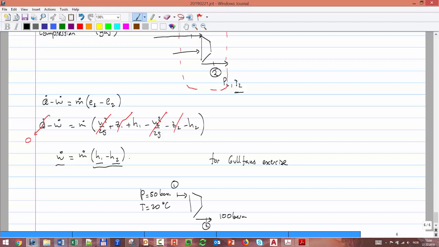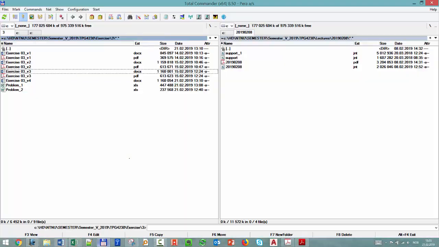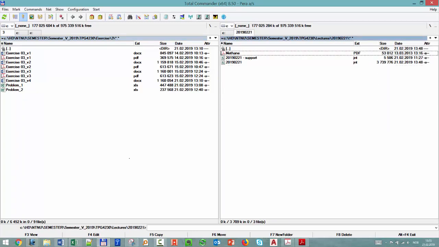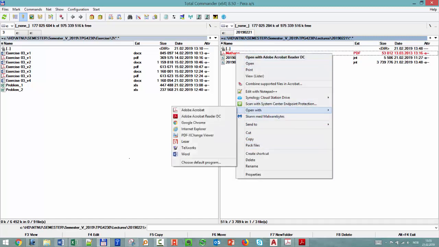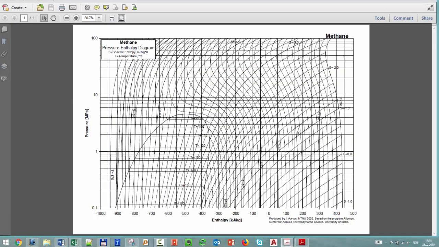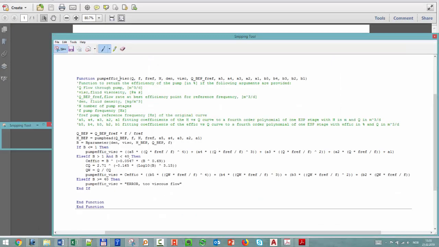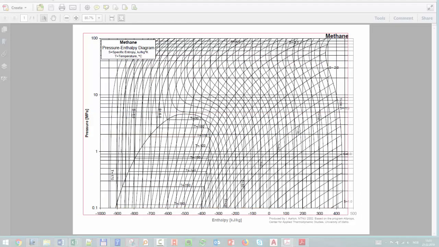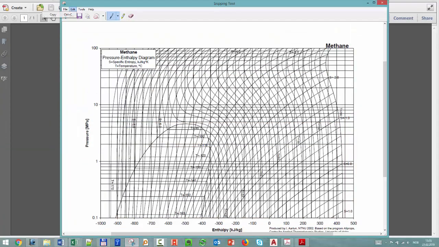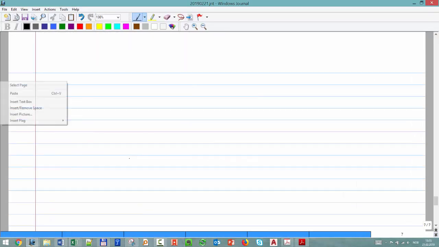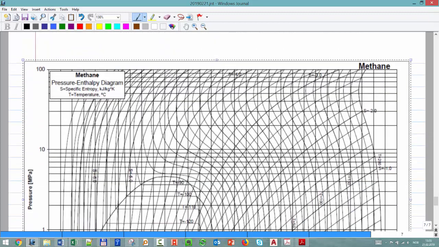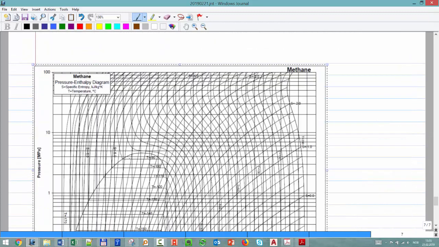For that we have the chart of, we are going to assume, very close to methane, this fluid. Okay, and let's locate first the inlet on that diagram. We are saying our gas is very close to methane, and we can use this diagram, and here we can see a lot of interesting things.